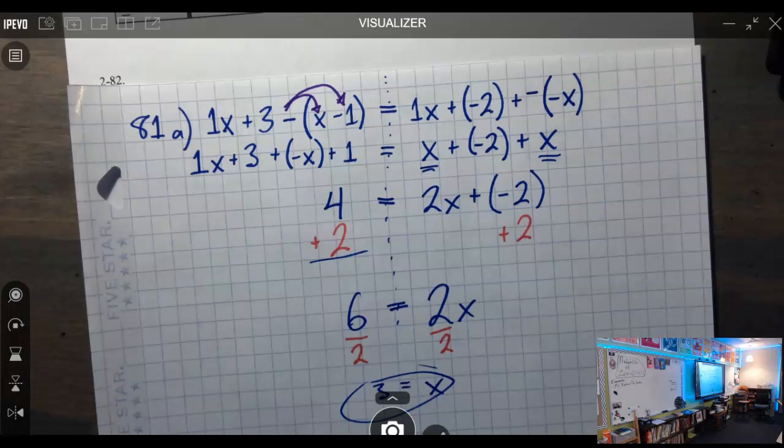And then look at me. I need to do this because I thought that there was negative.